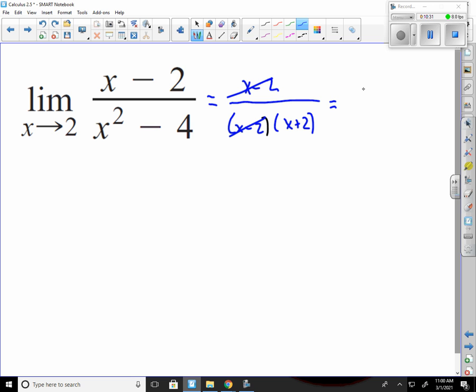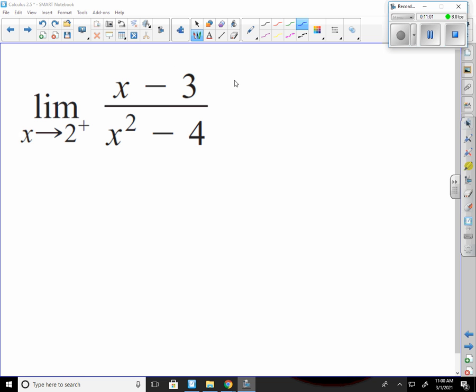I'm left with 1 over x plus 2. And if I take my limit of that, limit as x approaches 2 of all that is 1 over 4. So I'm able to come up with a real solution there.